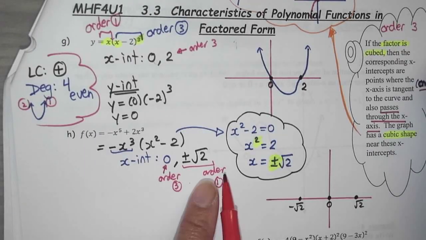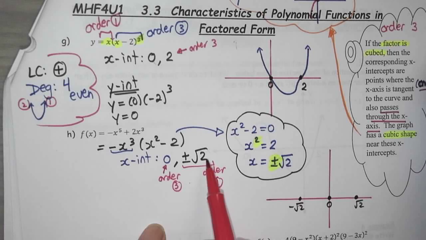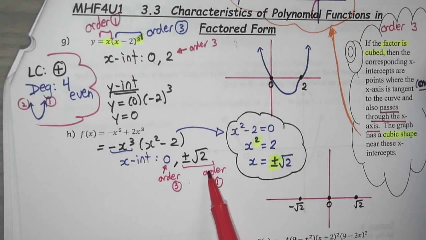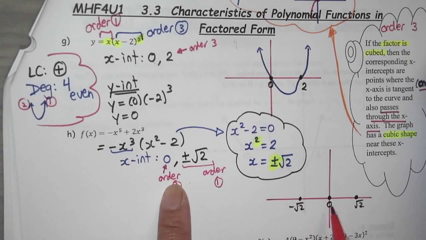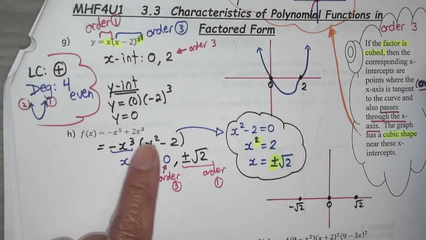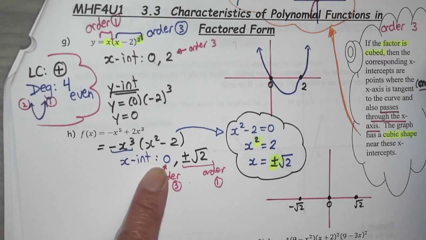So that's one of them, and that's the other. I didn't double up. Order 2 means I had 2 of the same root. So if I got root 2 twice, and they were both positive root 2, then yes, it's order 2. Here, it's still order 1, order 1. I had 1 of each, and I had 3 of the 0. Think of the factors. I had 3 of this one and 1 of each of those. Okay, so order 1, order 1, order 3 in the middle.